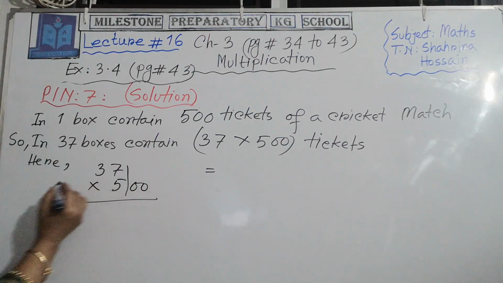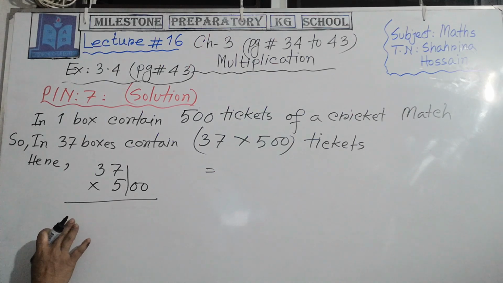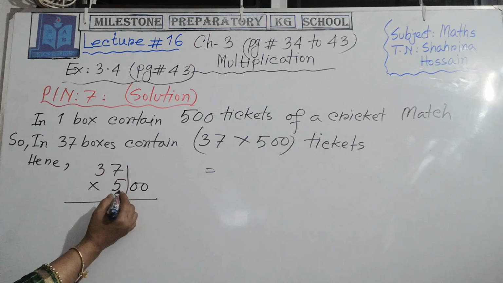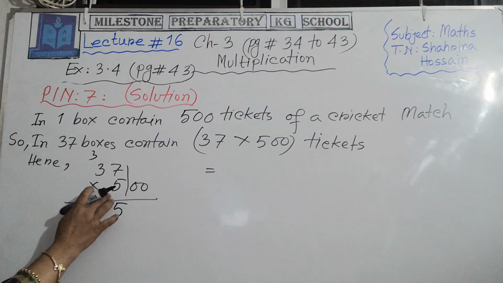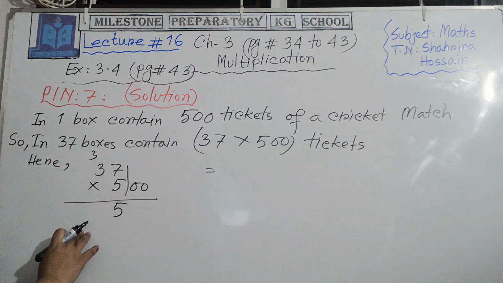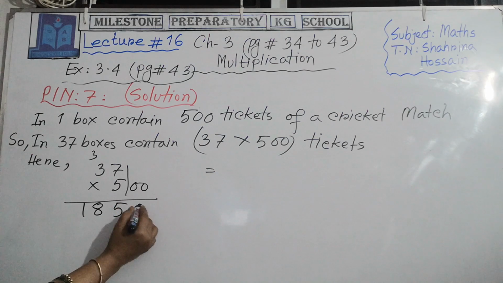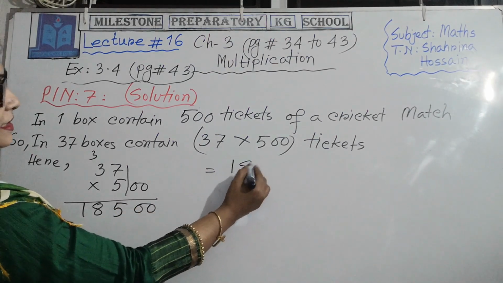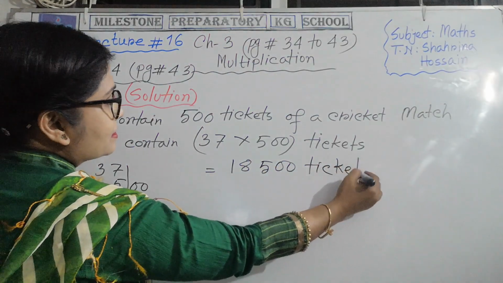In this math we can easily do the calculation by applying an easy way. 5 sevens are 35, 5 is here, 3 is in our hand. 5 threes are what? 5 threes are 15 plus 3, 18, and here 2 zeros. So our answer is 18,500 tickets. Okay.